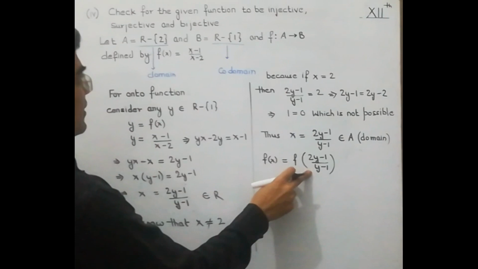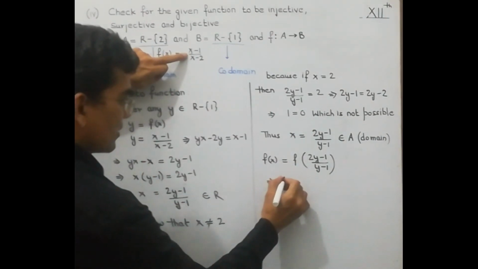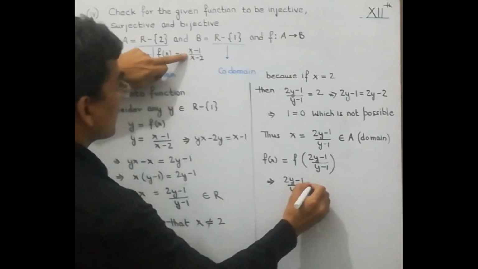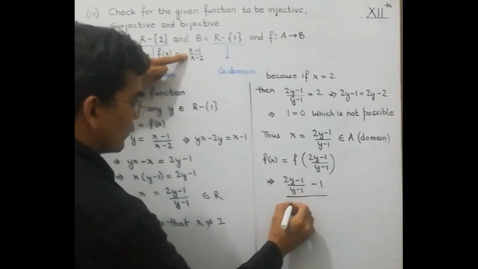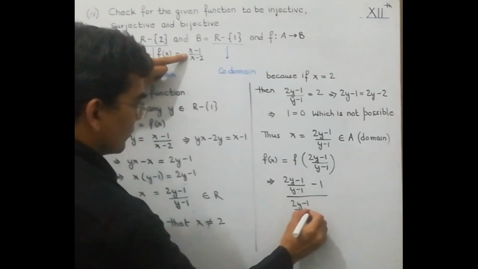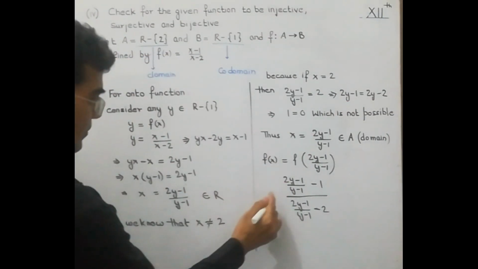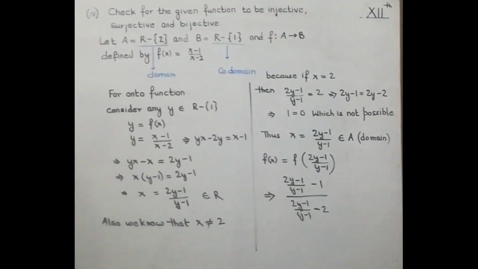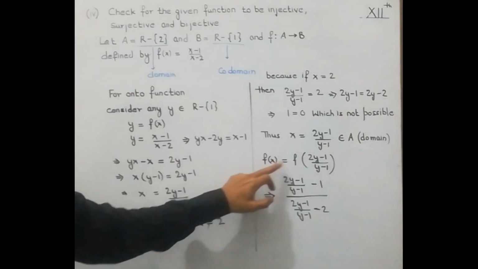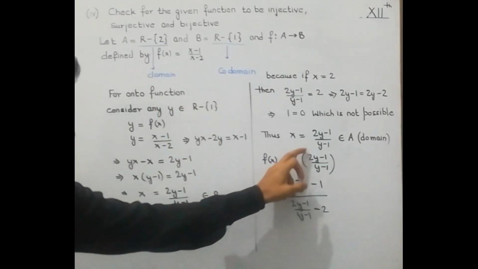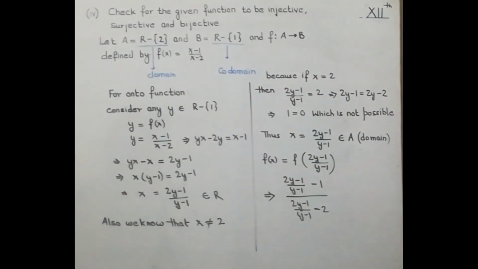If you substitute it in this function, in the numerator place it will be 2y minus 1 upon y minus 1 upon. See, f of x is equal to, now in place of x here, you have to substitute the value which you have already calculated. So let's calculate it further.